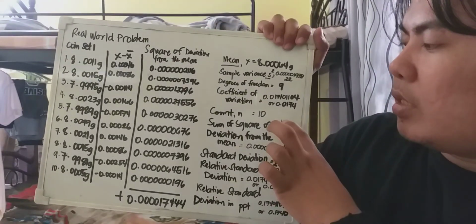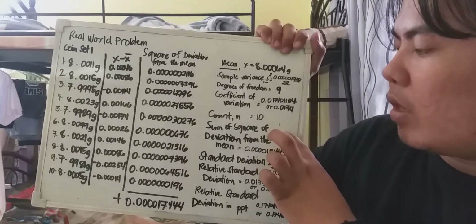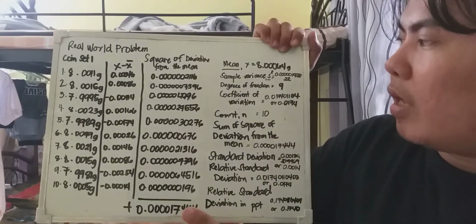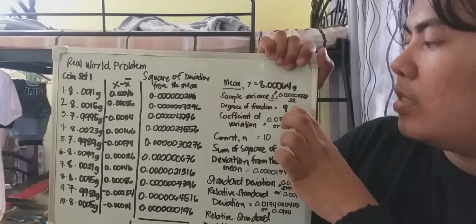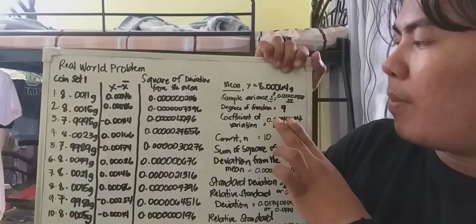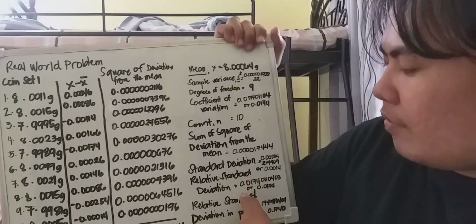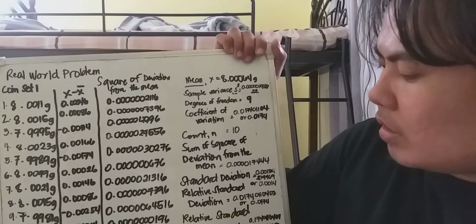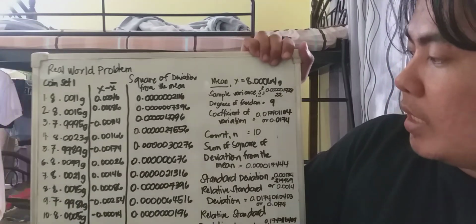So, we all have now our count, which is 10, the sum of deviation, which is yung kanina, na-solve. And we also have our mean. So, ang kailangan na natin i-solve is sample variance, yung standard deviation, at saka yung relative standard deviation, and deviation in PPT.